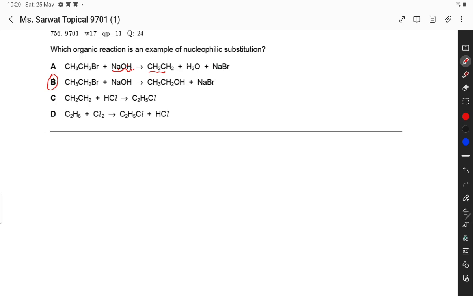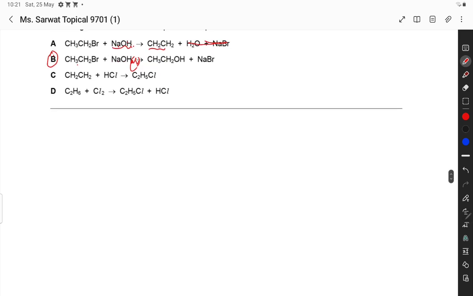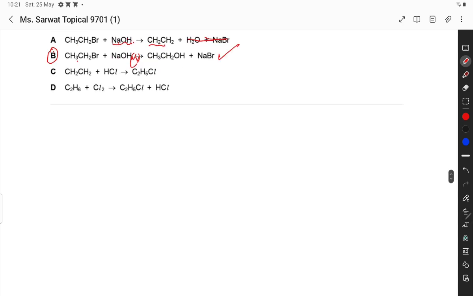So, that is why this is not correct, the products are not correct. So, this is a haloalkane and this is nucleophilic substitution to form alcohol in aqueous medium. This is in aqueous medium and forms CH3CH2OH and NaBr. So, this is the correct option.